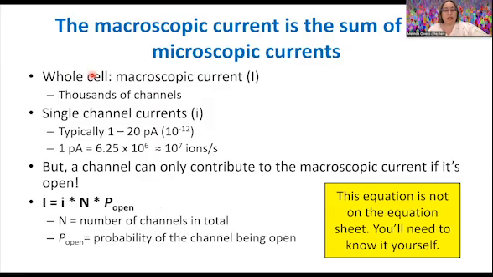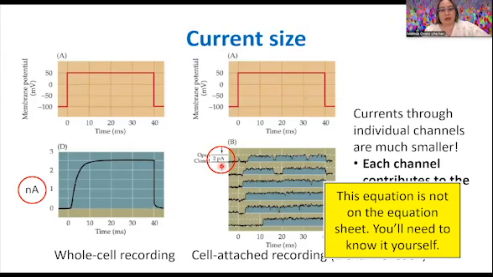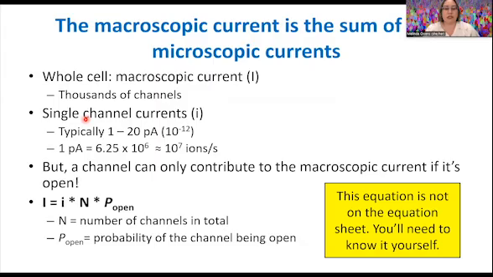So the whole cell current is being contributed to by thousands of channels. The single channel currents, we saw this example here, this particular channel was 2 picoamps, so single channel currents are going to be between about 1 and 20 picoamps.